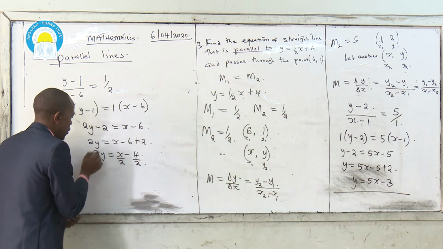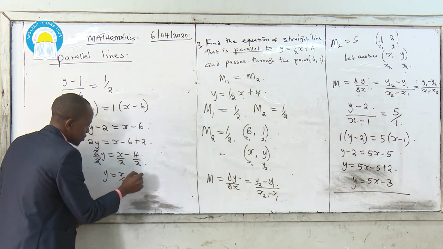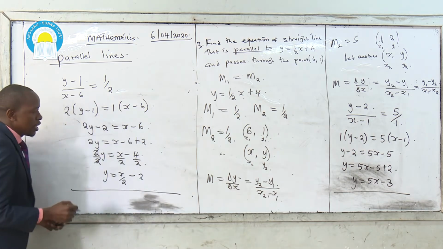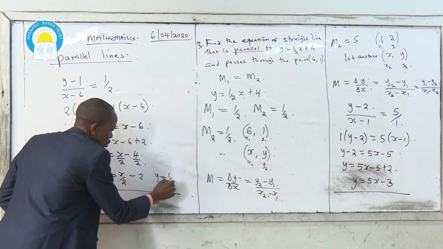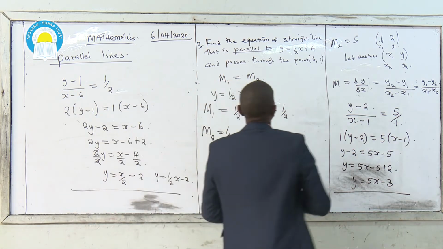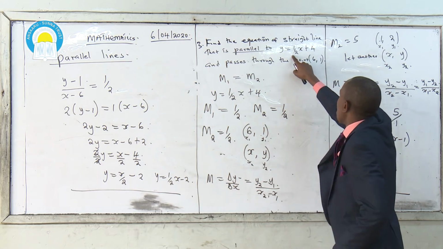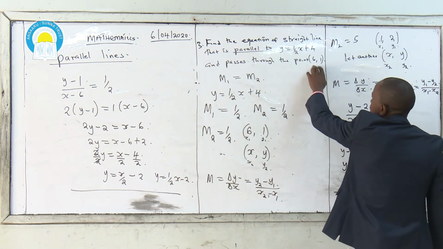So our equation is y equals x over 2 minus 2. This is the equation that you've been asked to find, that is parallel to the equation y equals a half x plus 4, and it passes through the point 6 and 1.